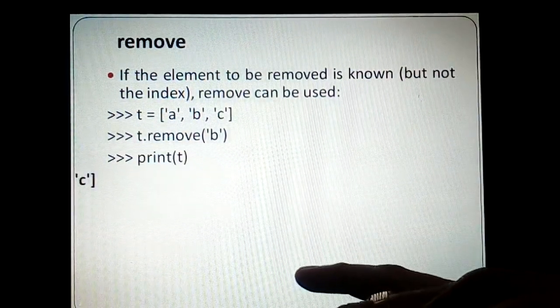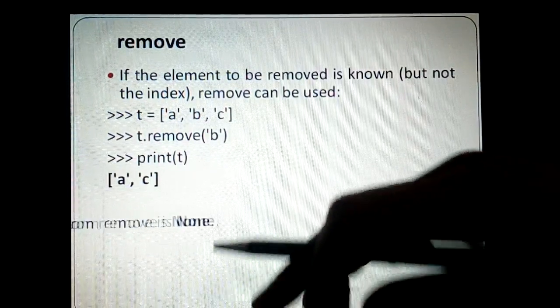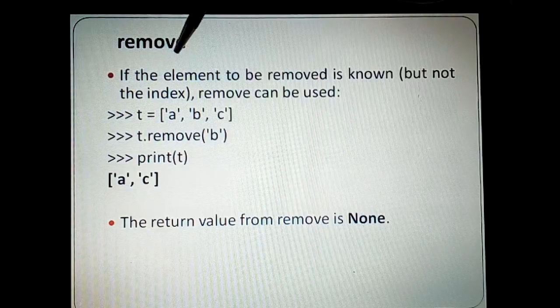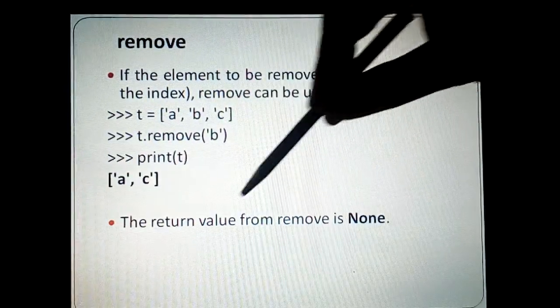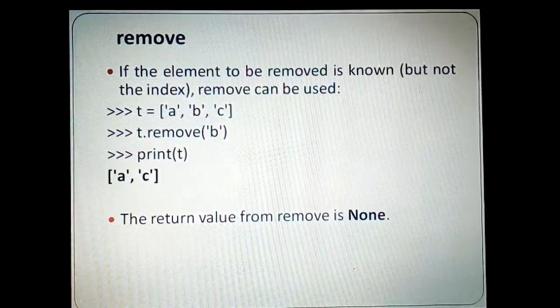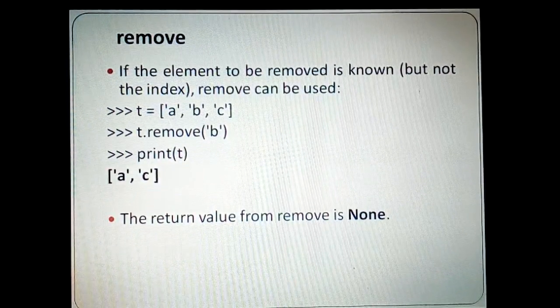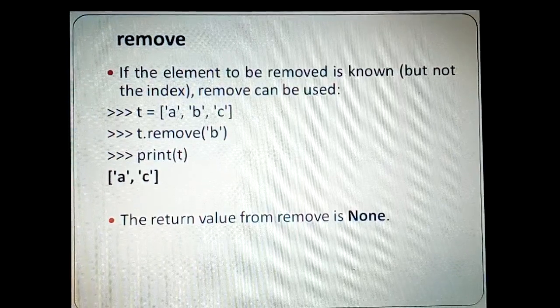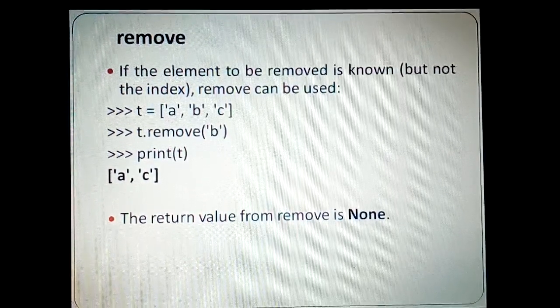Then again it works in a similar manner. The working mechanism is the same. So this is how it works. Again, you should know that delete and remove do not return any value, so the return value from remove is none. So let us go and see how we can do this using the code in the Python editor.